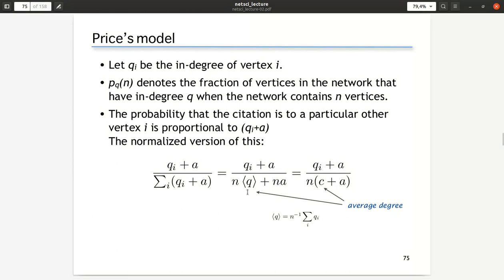And so hence we get back n times n to the power of minus 1, which is of course equal to 1, so we get back the sum of q_i, plus n times a, which is of course just a taken n times. And so the average degree is in fact also denoted by c, according to our earlier notions in the previous lectures. So we can just write the equation in this way.